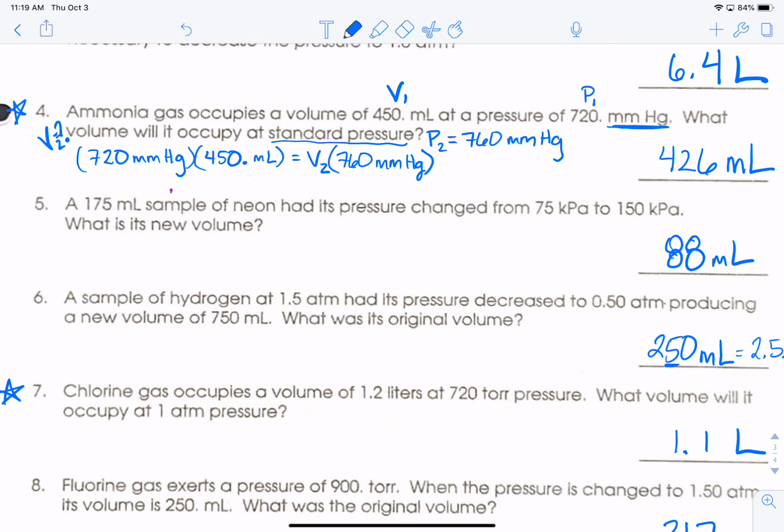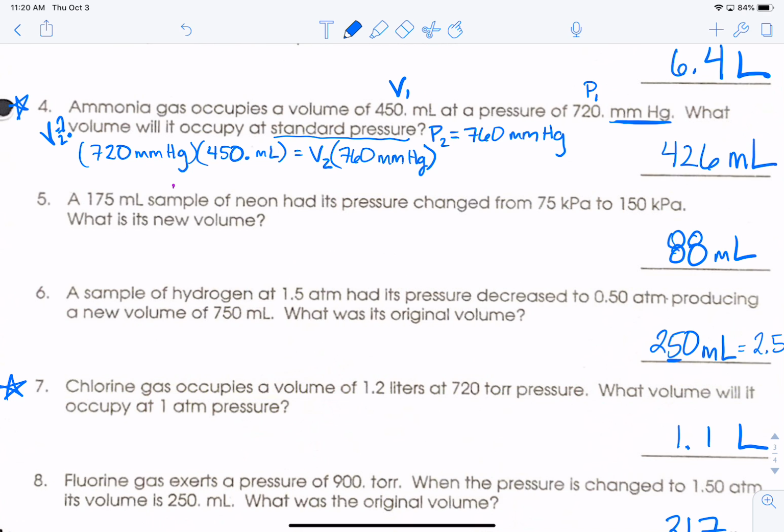All right, to isolate V2, we have to remind ourselves what mathematical operation is happening between parentheses? Multiplication. Good. So right now V2 is being multiplied by 760. So to get rid of it, we will divide by 760 millimeters mercury.